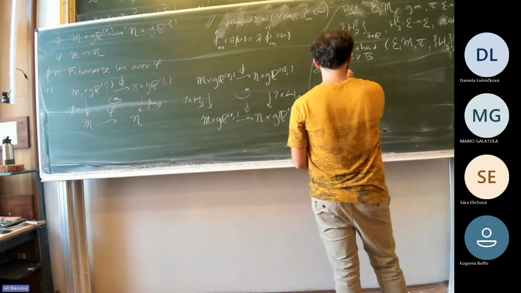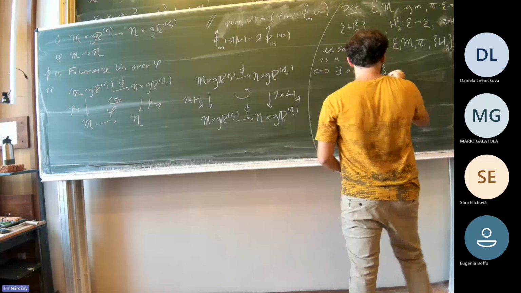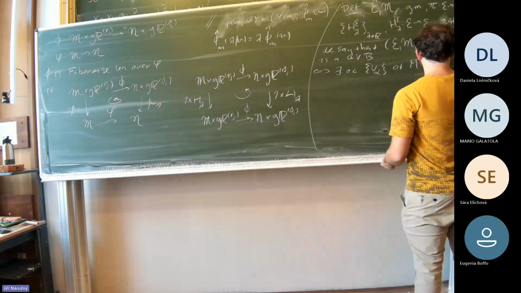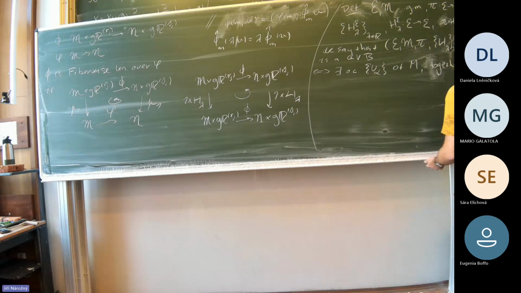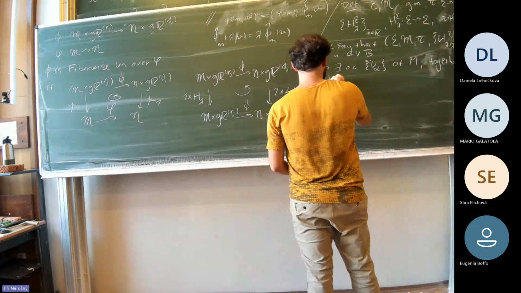So if there exists an open cover U alpha of M together with isomorphisms psi alpha. This is a bit long. It's actually an elegant definition, you can see.